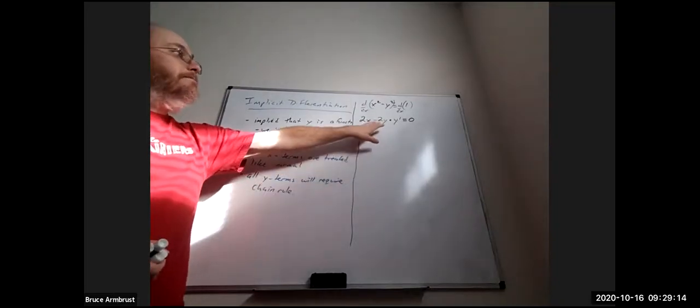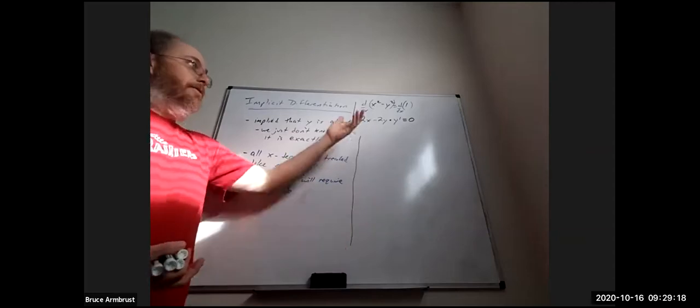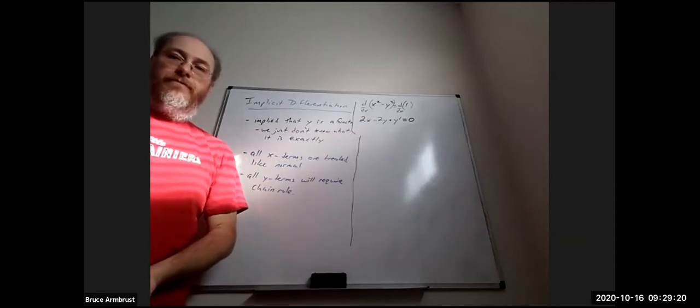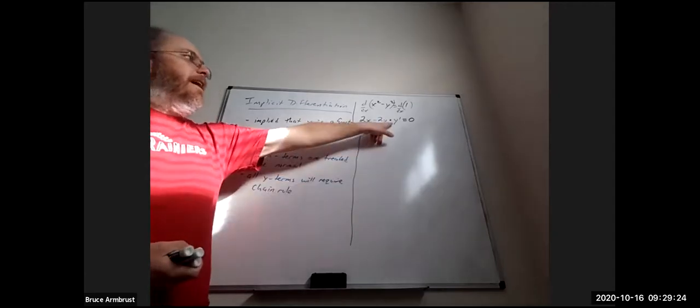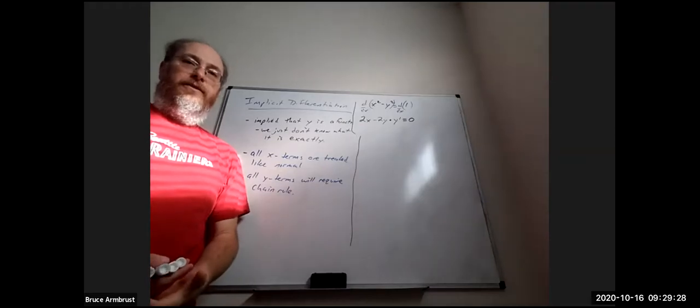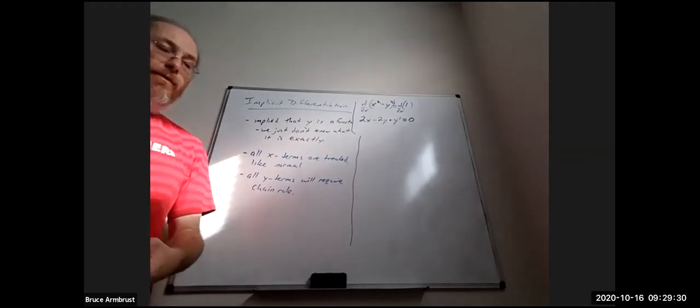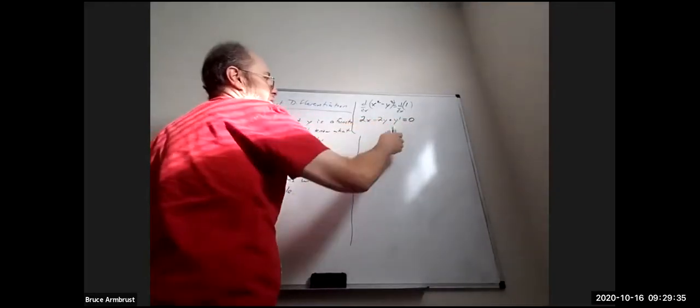All right, well, okay, there's the derivative, taking a derivative of both sides of this equation. But notice what we can do now is I've got a y prime. I can actually solve this for y prime. So let's do a little bit of algebra. I'm going to move all that y prime stuff onto the other side.